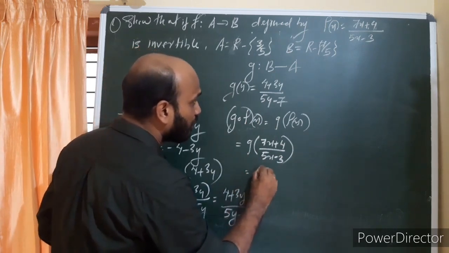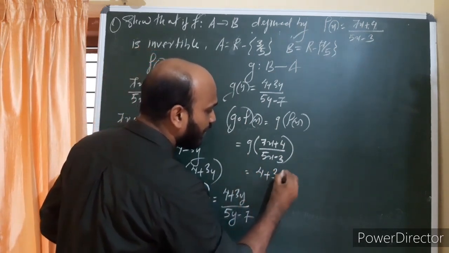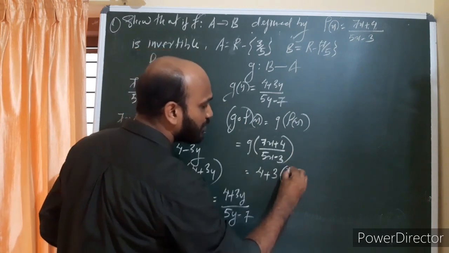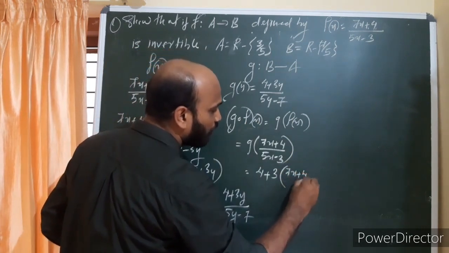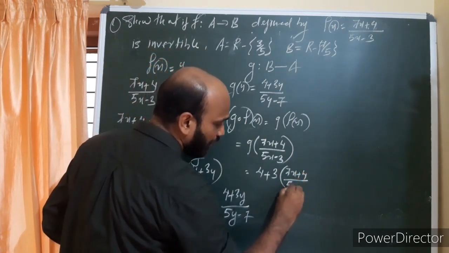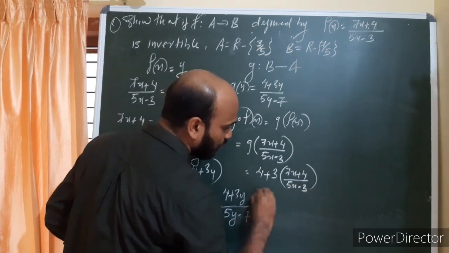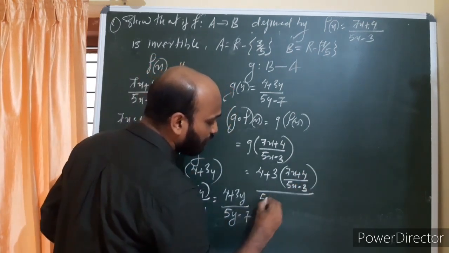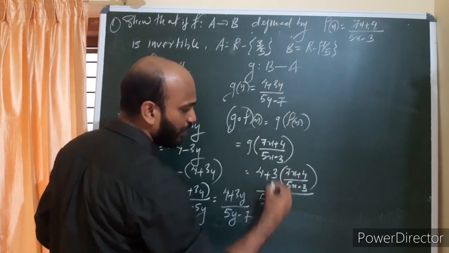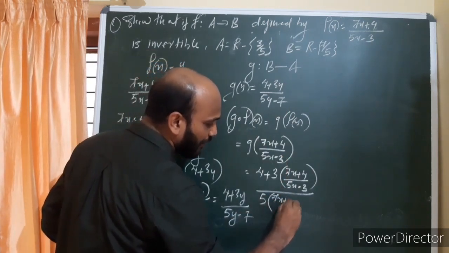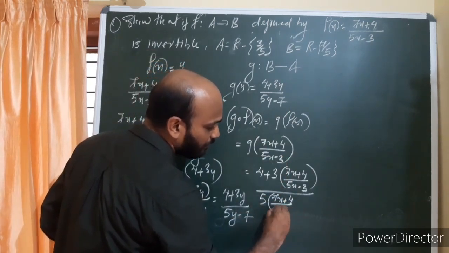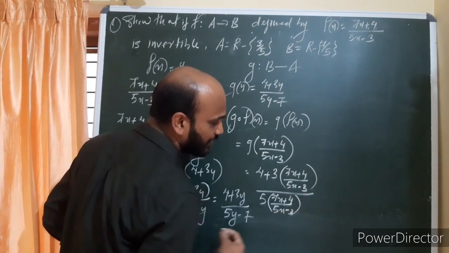So you'll get 4 plus 3 into y. y means (7x + 4)/(5x - 3), whole divided by 5 into y, y equal to (7x + 4)/(5x - 3) will get.